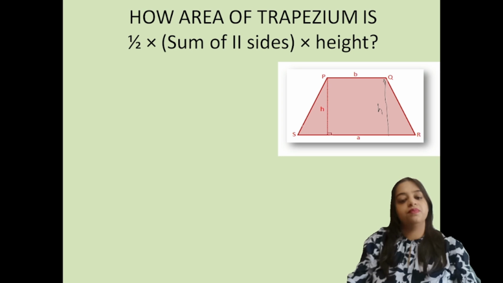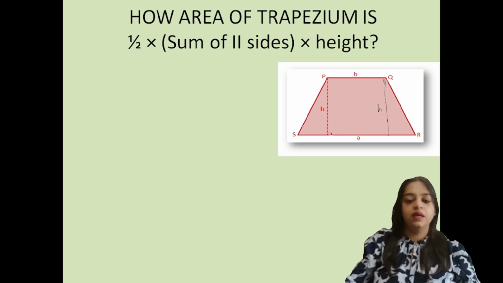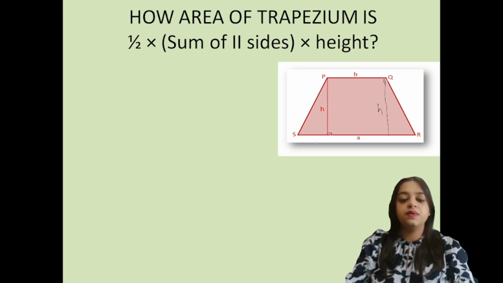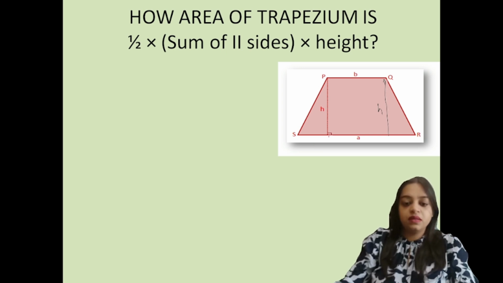How area of trapezium is half into sum of parallel sides into height. Okay, so you can see here the trapezium PQRS in which PQ is parallel to RS, right? So you can see here I am naming this as A, this as B, ठीक है?